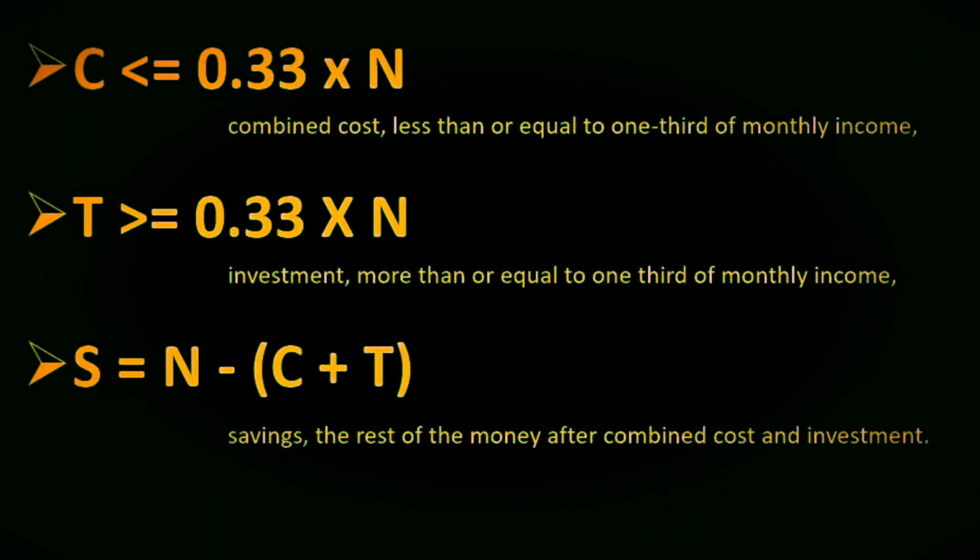T stands for investment. My monthly income is N, and if I subtract my costs and investment term from this, whatever I have left in the end should be my savings. From the savings, I should be able to have emergency or backup money, and then I should finance my holidays from this money. This is my simple plan.